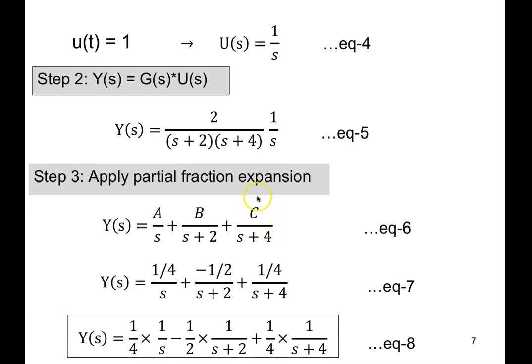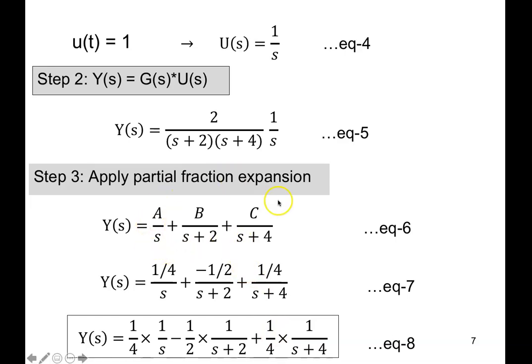The task is actually to find these values. What is A, what is B, what is C? I will do that later as a little bit of revision, because that's school math stuff, partial fractions. But for the time being, we'll just proceed and go through all 4 steps first.